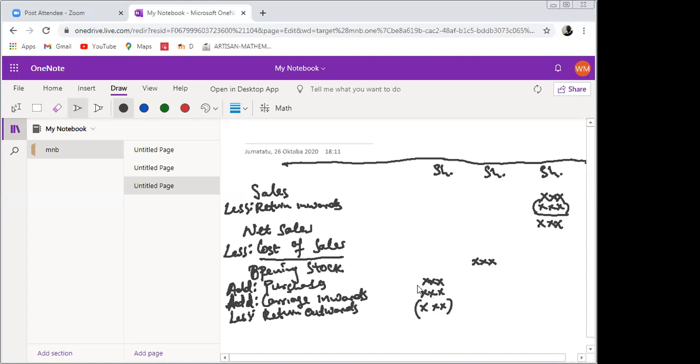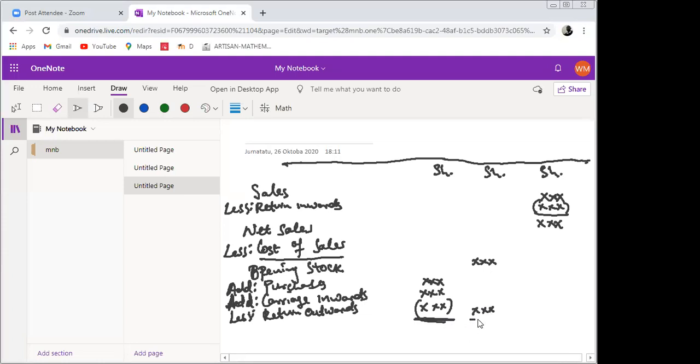So this first column here is only meant to make adjustments on the purchases. You have the purchases, you add the cost of transporting them, known as the carriage inwards, then you deduct the return outwards, so that you can get the actual value of the purchases, which you put directly below the opening stock like this.